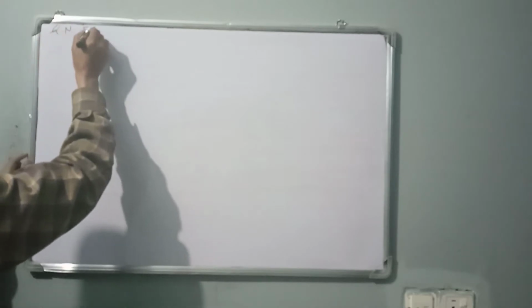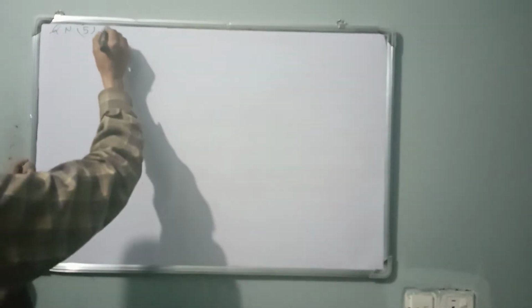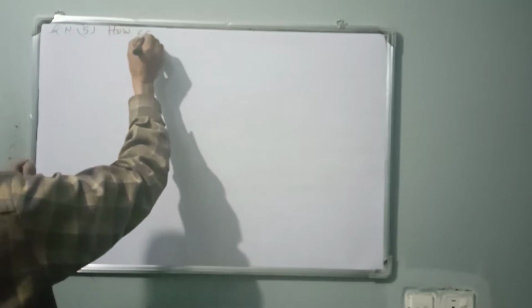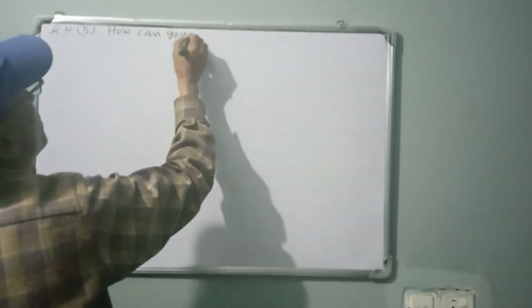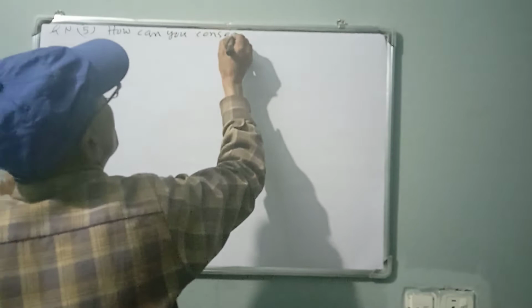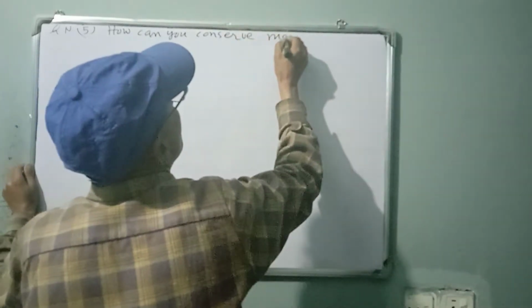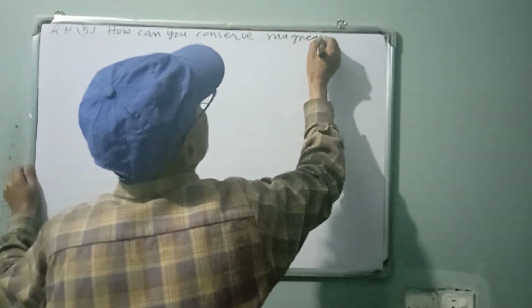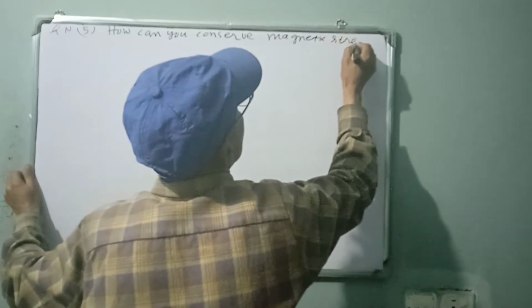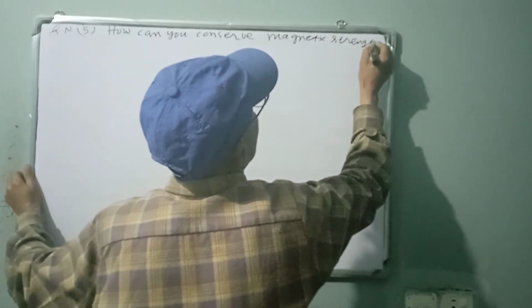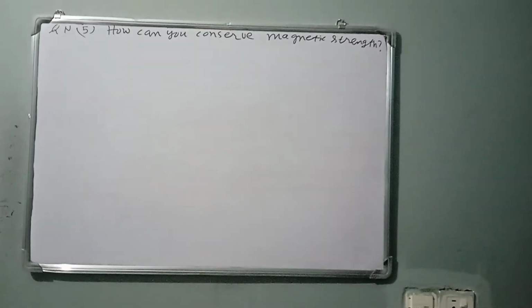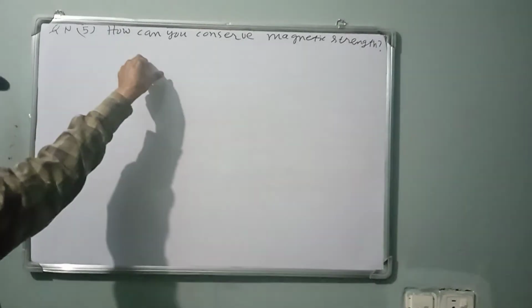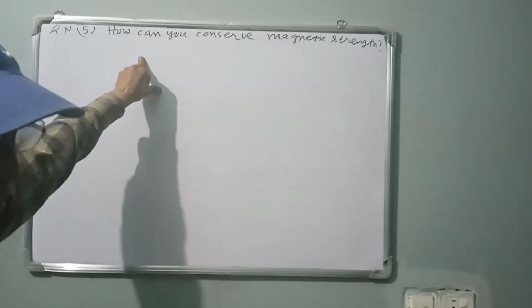Question number 5. How can you conserve magnetic strength? Just the opposite of demagnetization.